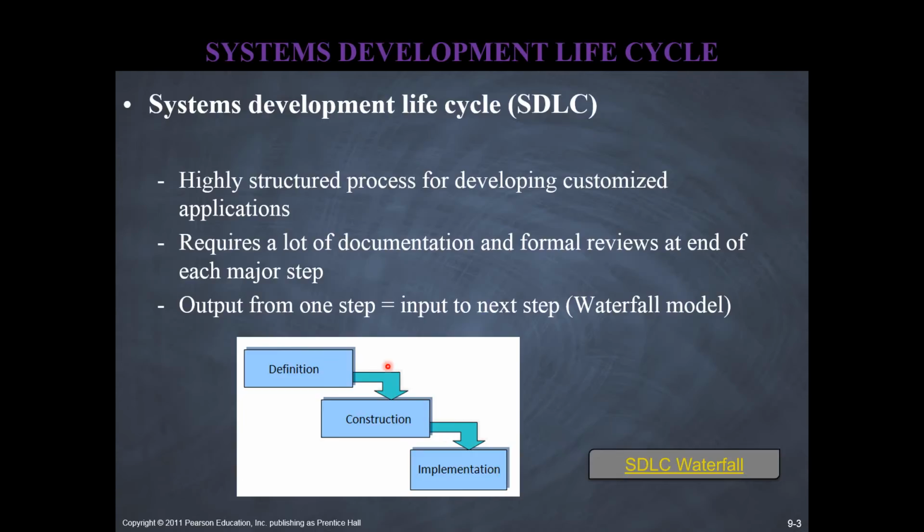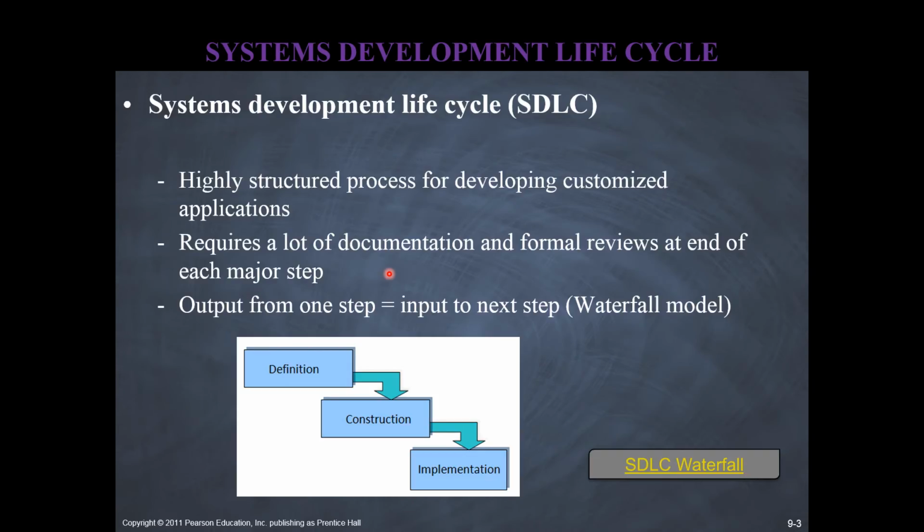The other reason why a lot of companies, especially big organizations, and especially I would say government organizations, like this type of approach, this type of philosophy, is because it requires a lot of documentation, formal reviews at the end of each major step. Compliance or reporting and compliance is a big deal for large organizations, especially government organizations, because they're accountable to the public.